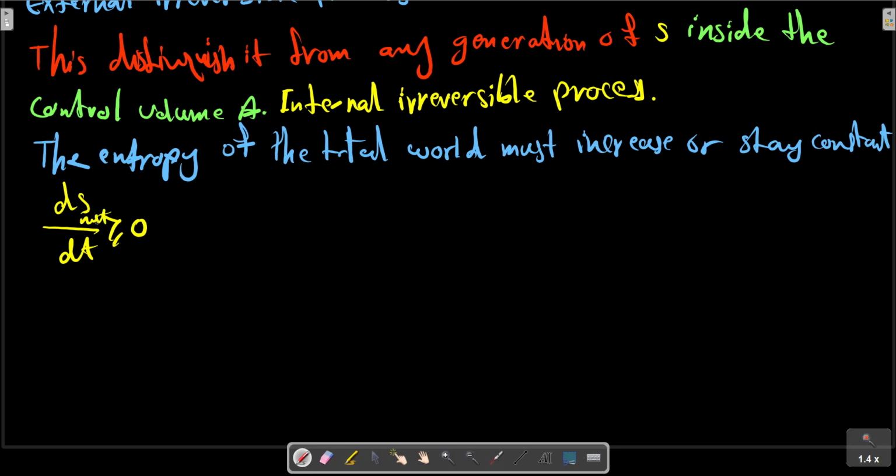Only those processes that satisfy this equation can possibly take place. Any process that would reduce the total entropy is impossible and will not occur.